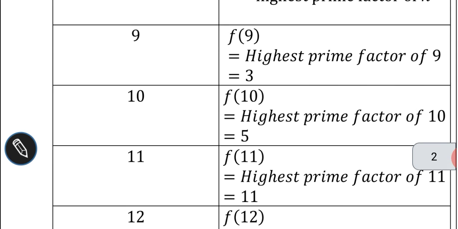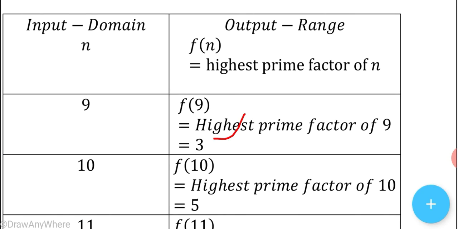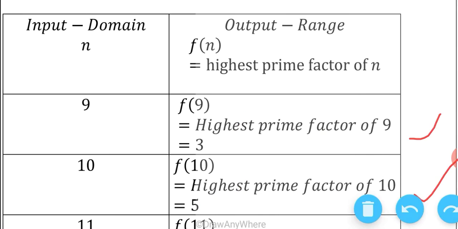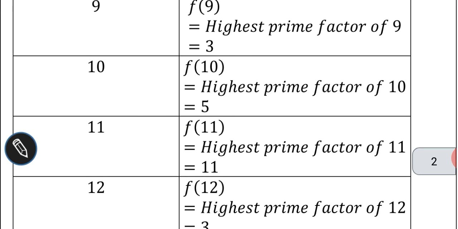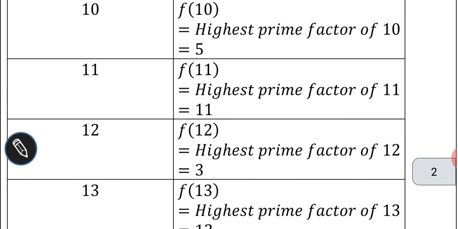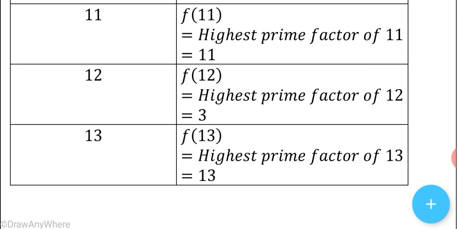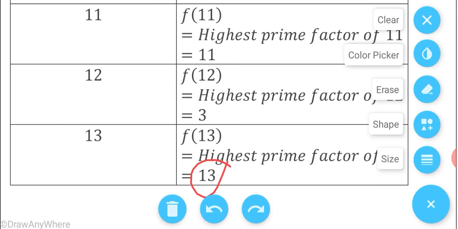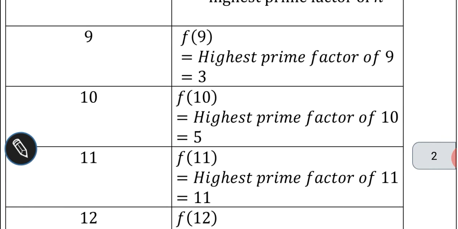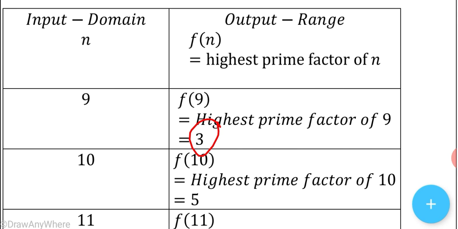So in the range we have 3, 5, 11, 3 and 13. But we have two same outputs, 3 and 3.